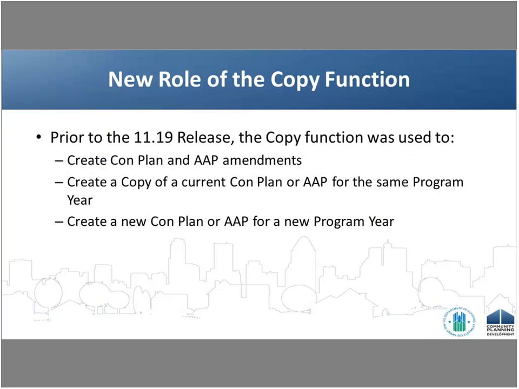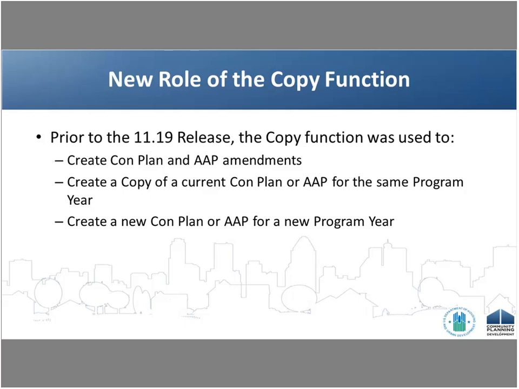So as we previously stated, before the 1119 release, the copy function was used to do three things. It was used to create a con plan or annual action plan amendment, to create a copy of a current con plan or annual action plan for the same program year, as well as create a new con plan or annual action plan for a new program year.